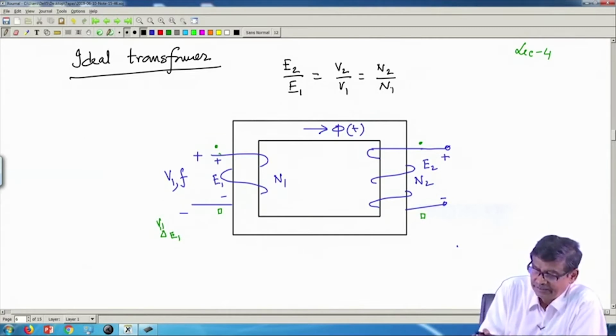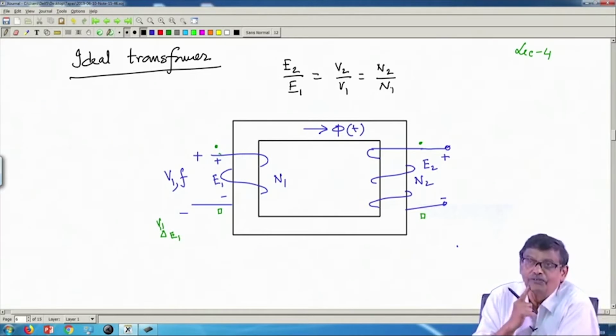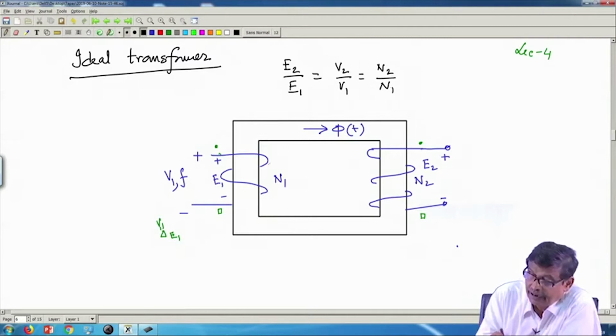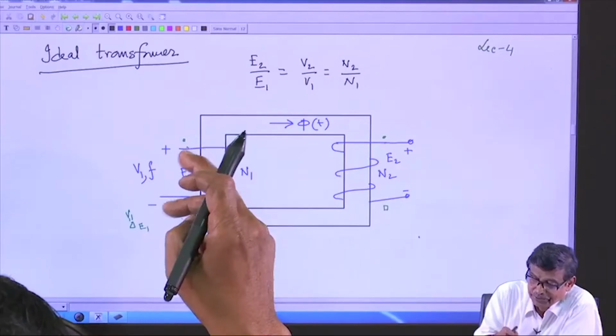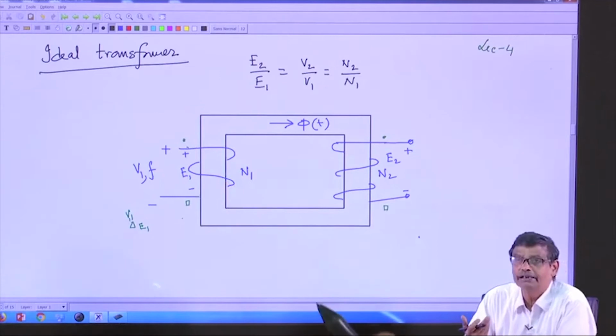Now, in my last class I told you how to draw the phasor diagram. You see, the magnetizing current, with the assumption that there is no leakage flux and mutual flux only. So, this coil connected to this AC supply will appear as an inductance.